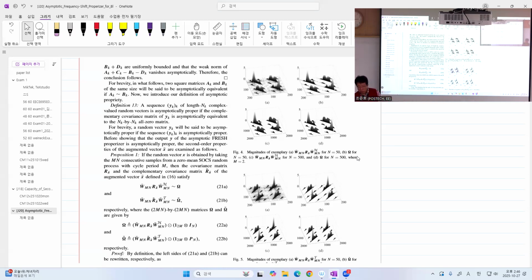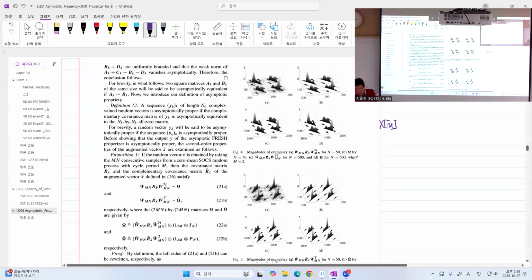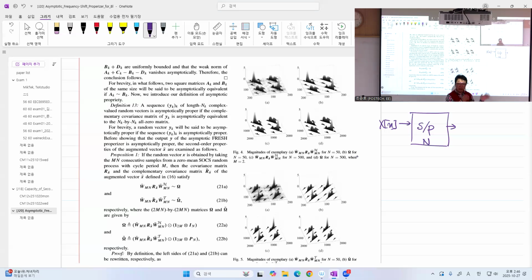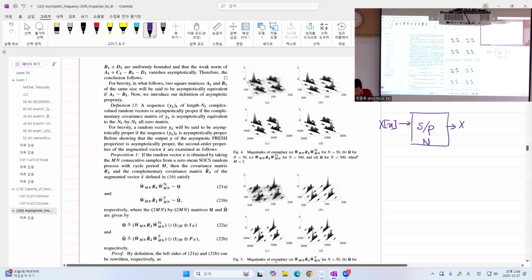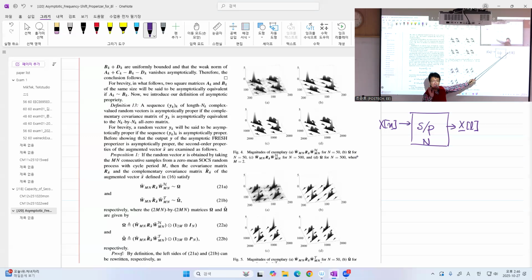For example, we have a discrete time signal, and here comes a serial to parallel converter with length n, meaning we cut n samples, and then n samples, and then n samples to generate some vectors indexed by L. This is not the fresh vectorized output. This is simply a serial to parallel converter.